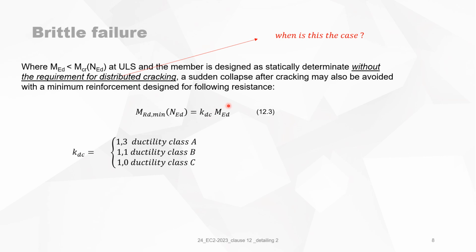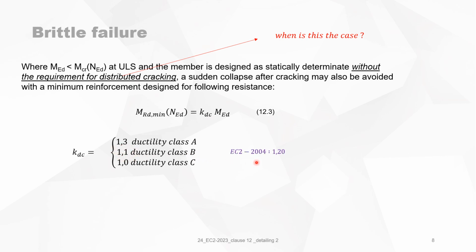It is the actual external bending moment multiplied by coefficient KDC, which depends on the ductility class of the steel. So it goes from 1.3 to 1.0. The most common reinforcement steel has a ductility class B. So if you don't know, you choose B. So the coefficient is 1.1.